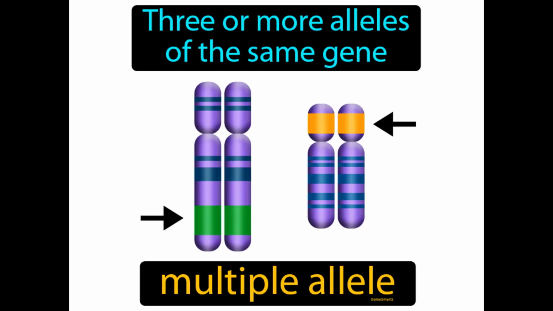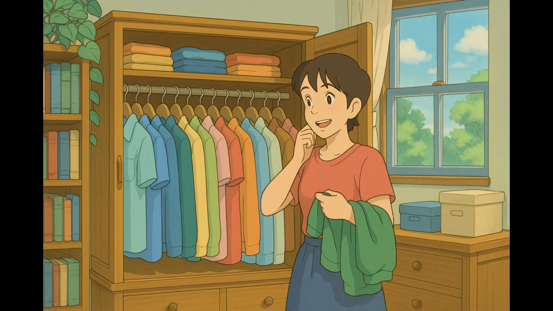Three or more alleles of the same gene. Multiple alleles. Multiple alleles are different versions of the same gene that can exist within a population, leading to variations in physical traits. Imagine you're deciding what to wear each morning, and you have a wardrobe full of clothes. Just like choosing the right outfit requires selecting from numerous shirts, pants, and accessories, multiple alleles involve selecting from three or more different versions of a gene.